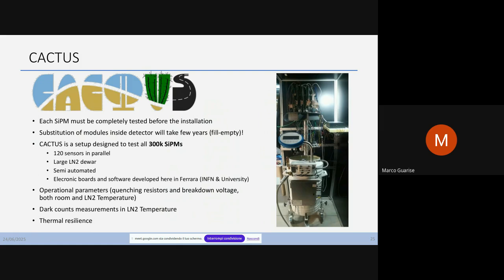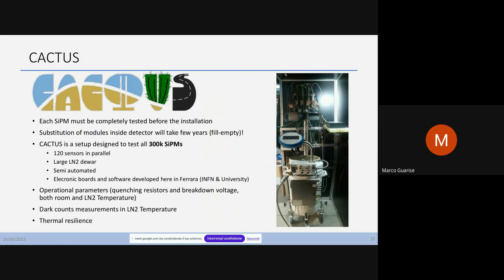And so we developed this setup, which is called Cactus, which is here in Ferrara, in the laboratory, which allows us to test 120 SiPMs per run of measurement.